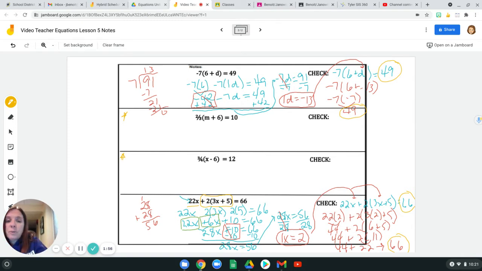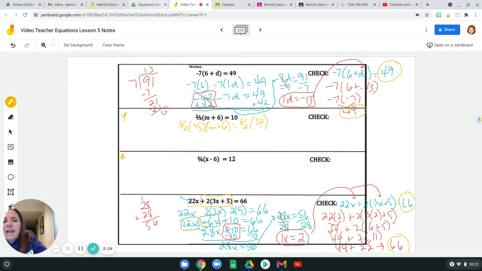So we're going to do 3/2 times 2/3, and then we still have the m plus 6 here in parentheses. And on the right side of the equal sign, we're going to bring that reciprocal over, 3/2, and multiply that by 10/1. Remember, we make our whole numbers or integers into rational numbers by putting a 1 under it.